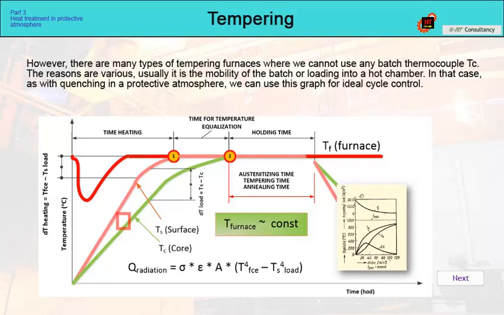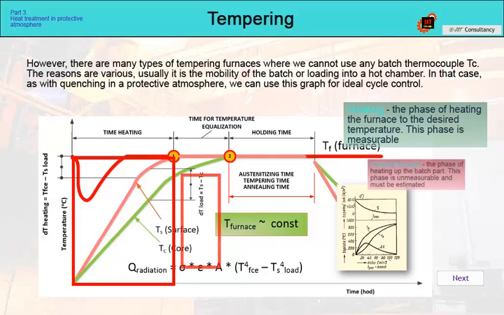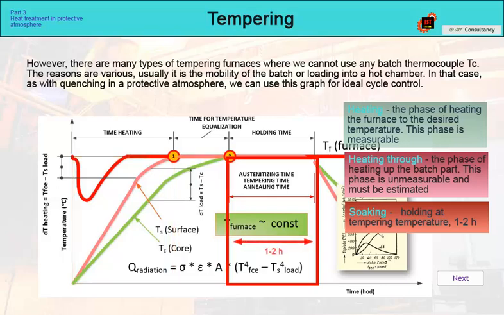This consists of the heating phase, heating through the full batch and parts, and holding at tempering temperature. Holding at temperature is defined by the tempering time and, as already mentioned, is usually 1 to 2 hours. The heating time is the time from the loading of the batch into the hot chamber until the surface of the batch reaches the temperature of the furnace. However, we do not have full control over this phase.